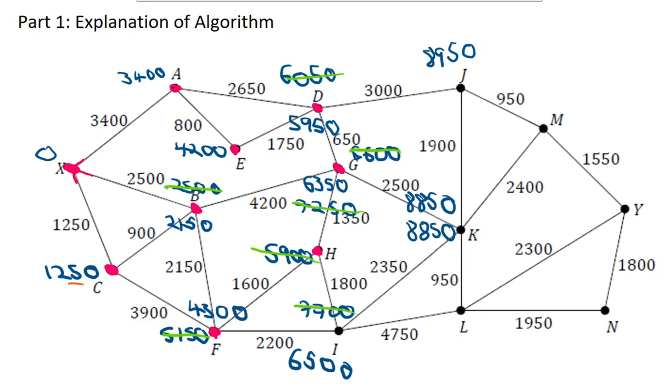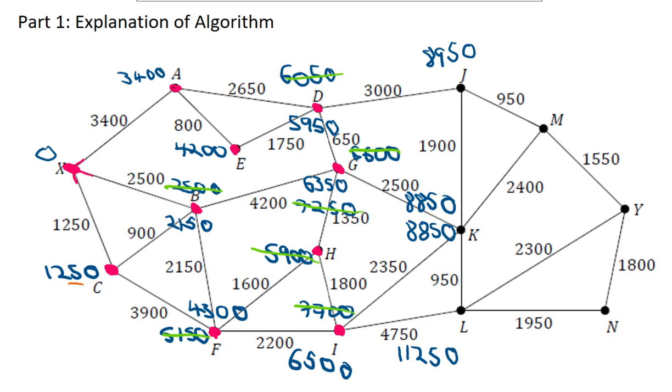There, so we got two possibilities now into K for the same thing. And then we have 250 from I to L, and I is visited. So I to K and G to K are giving us the same answer. So now we have J, K, and L as our options.